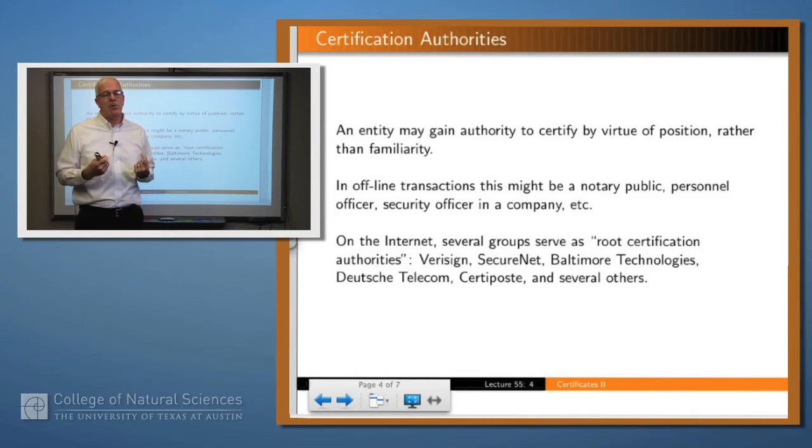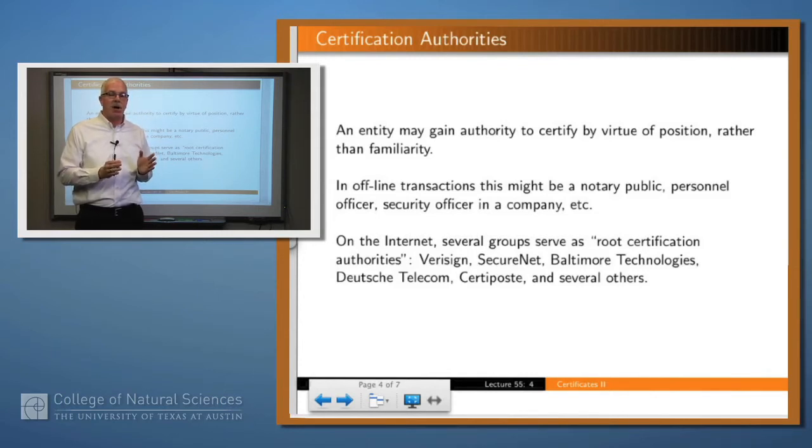So there are companies which are called root certification authorities which do this sort of thing. VeriSign is an example of such a company. Well, you don't know VeriSign, so why should you trust them? Well, the reason is because it's their business to do these certifications.